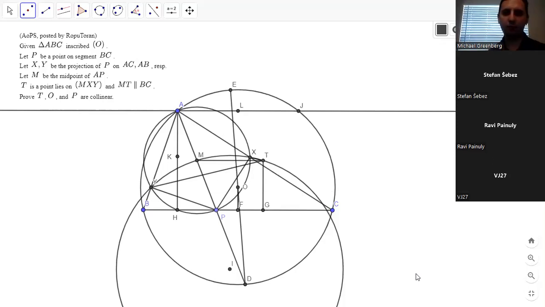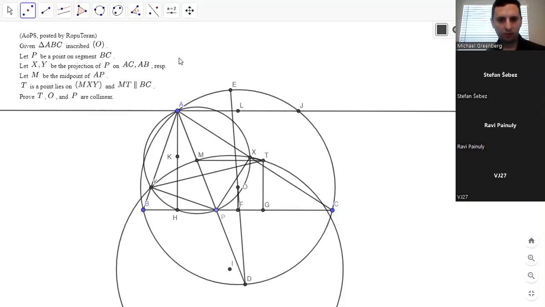Y and X would also be on AB infinity and AC infinity. Okay. And what would that look like? So you'd have the perpendicular, you'd have this parallel line.